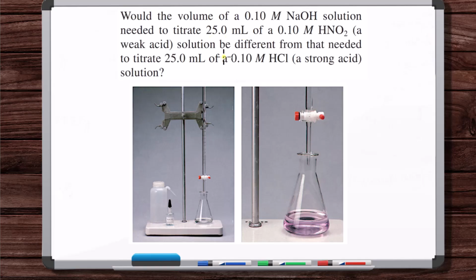In both cases, they're putting 25 milliliters of the unknown acidic solutions into the beaker. Then with the standard solution in the burette, you could prepare the standard solution in its own beaker off to the side and then pour that into the burette.